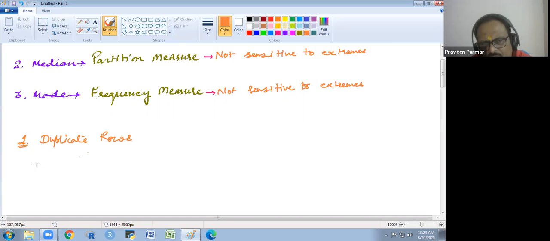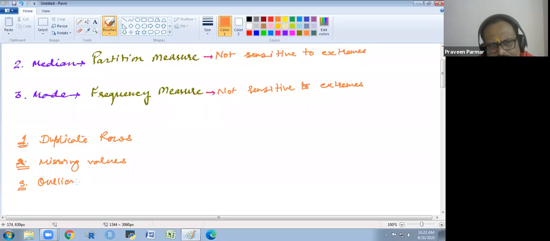If there are duplicate rows in your data, it will mislead the result. Second, there are missing values in the data. And third, outliers in the data. So these three deficiencies might be with the data when you get it.